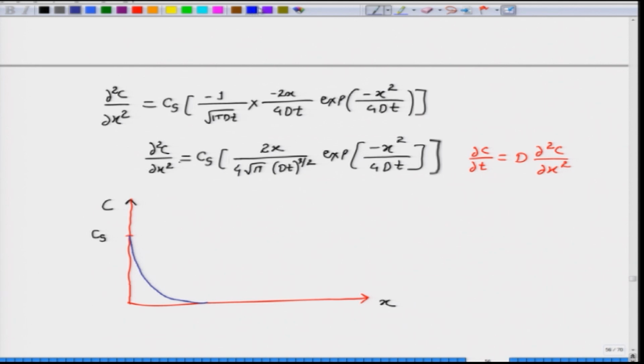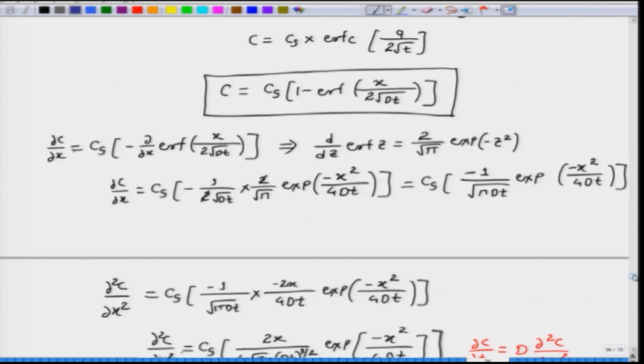So, if we plot at different times, you know that this concentration at the surface should always be constant, and at other x the concentration should increase with time. Okay, so this is how the concentration plots would look like.